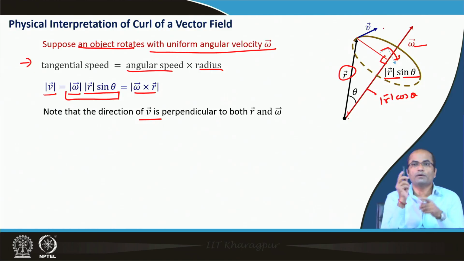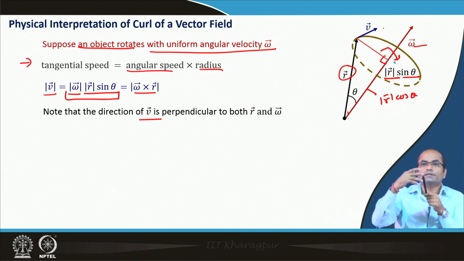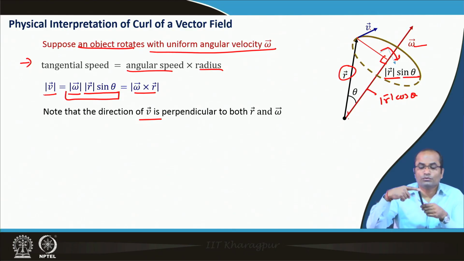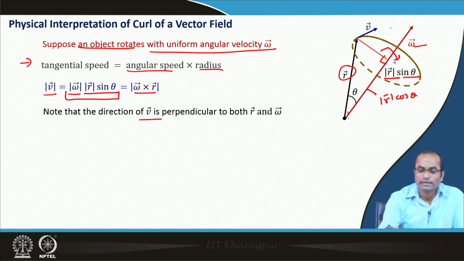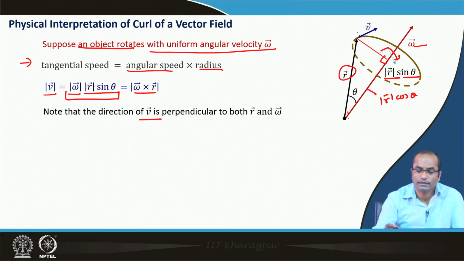You can just visualize this motion. There is this r vector, which from the origin connects to the perimeter of this circular path, and then we have the tangential component there, which is given by this velocity v. These two are perpendicular, because the tangent on the circle will be perpendicular to the line meeting the arc here.